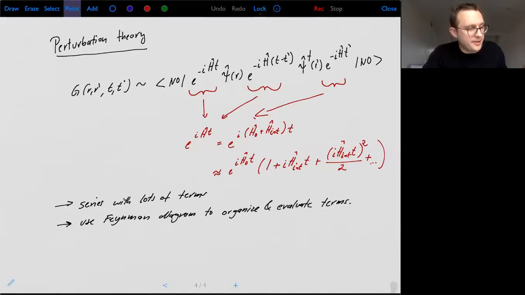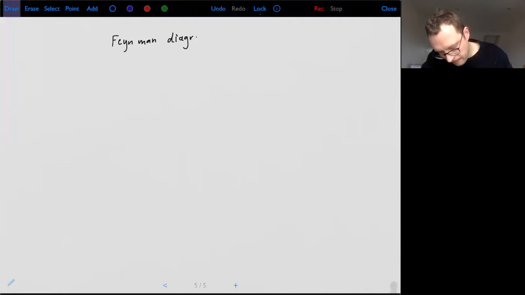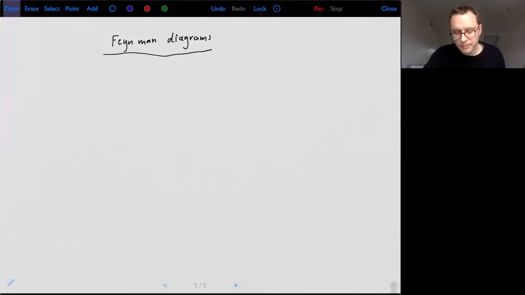All right, if there are no questions, then we'll jump into how to construct these Feynman diagrams, which are essentially a graphical representation of the various expectation values that you generate when you do this perturbation theory in the interaction.